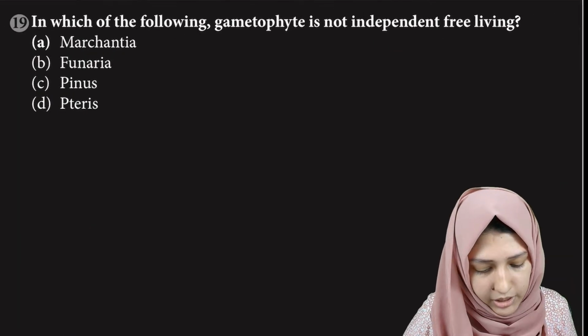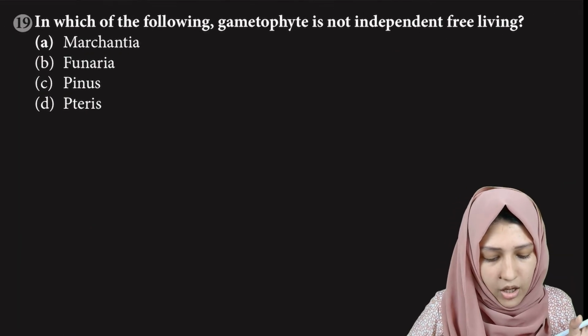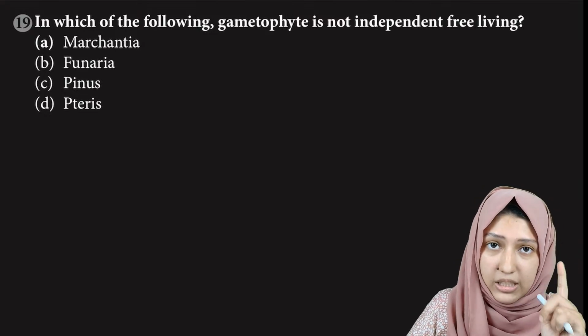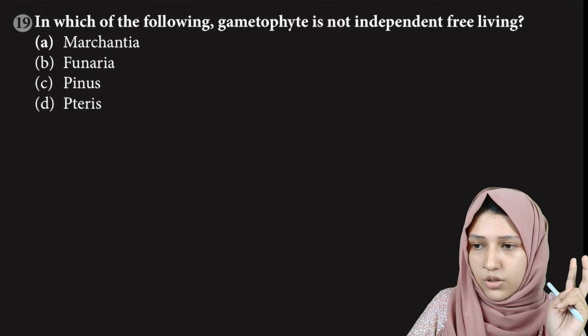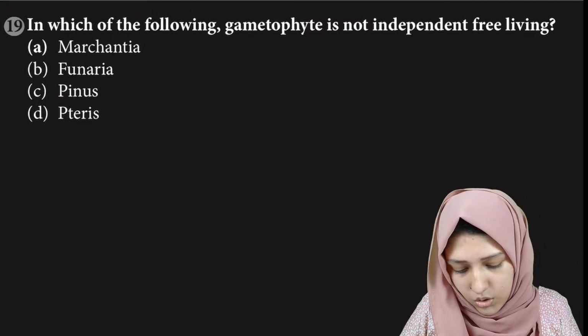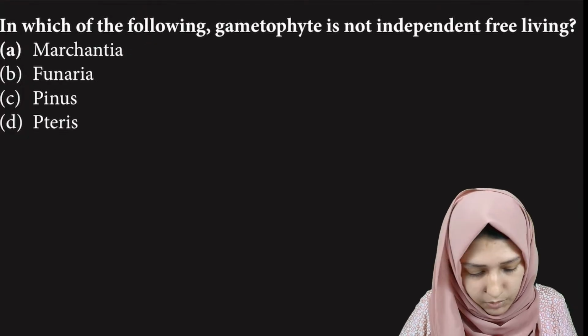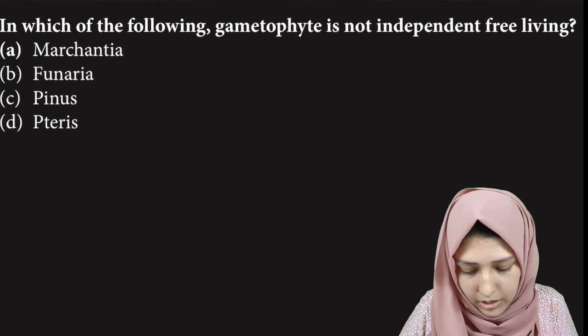Which of the following gametophytes is not independent and free living? In bryophytes it's independent and free living. In pteridophytes also it's independent and free living. So let's see, Marchantia is a bryophyte. So it's not the answer because it is free living in bryophytes.